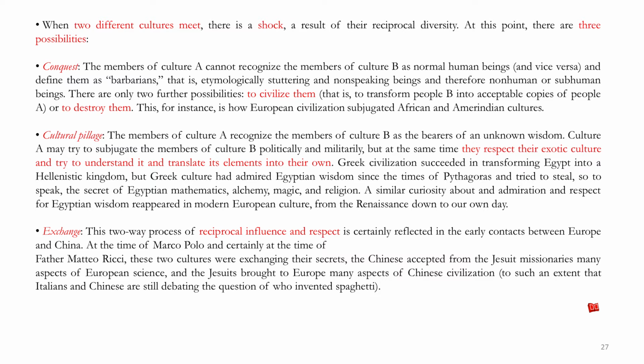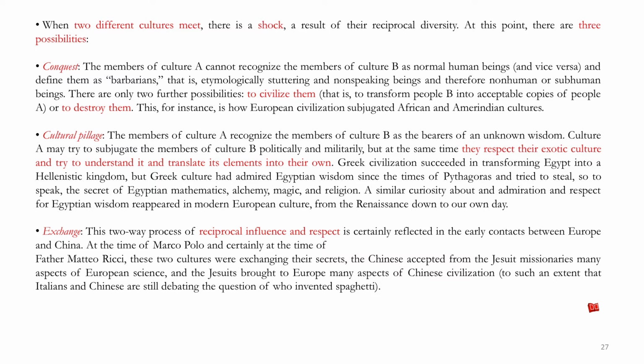Another possibility when 2 cultures meet is that of cultural pillage or stealing. Culture A recognizes that culture B has some wisdom, unknown wisdom, stuff that is interesting and exciting.